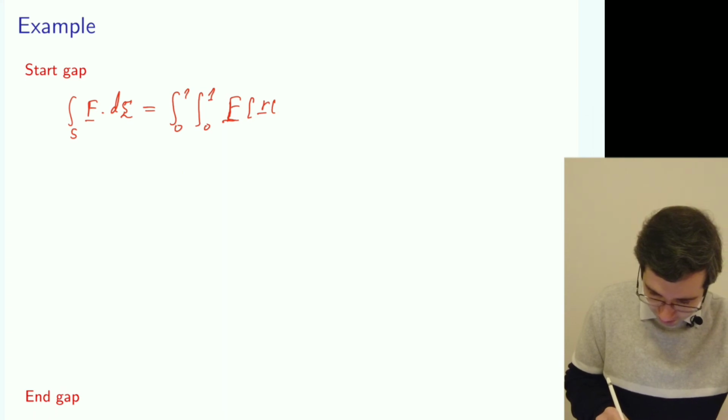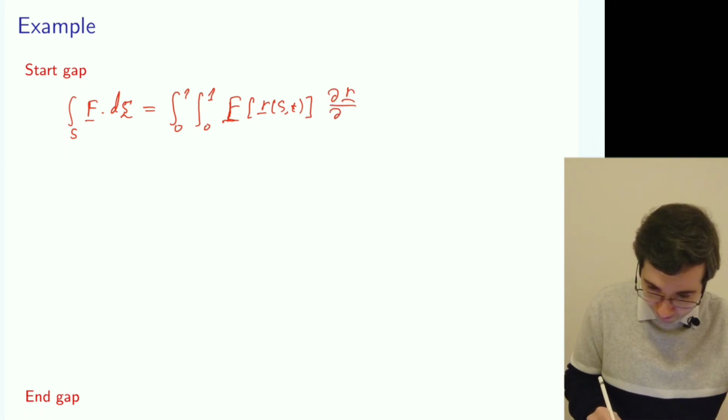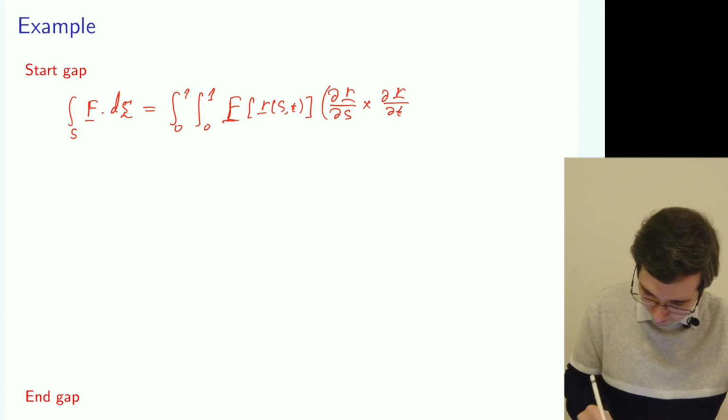It will depend on s and t, and we had this cross product. And we integrate with respect to s and t, right?